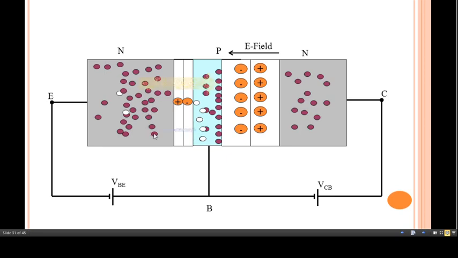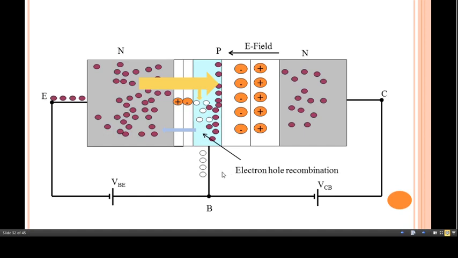This is called electron diffusion and this is called hole diffusion. Here few electrons get recombined with the holes from the base, and since it is negative terminal, the electrons are entering from the negative terminal of the battery into this emitter region like this, and holes are entering here like this.